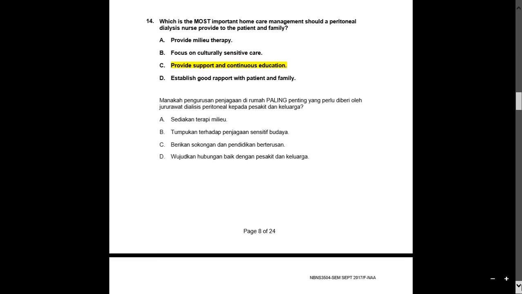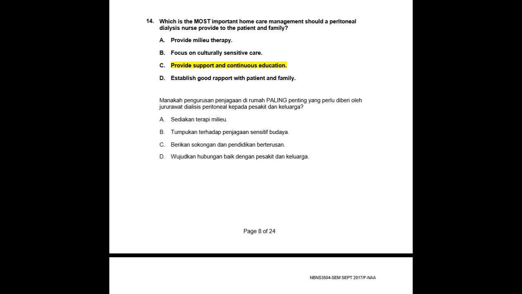Question number 14. Which is the most important home care management a peritoneal dialysis nurse should provide to the patient and family? Answer A. Provide milieu therapy. Answer B. Focus on culturally sensitive care. Answer C. Provide support and continuous education.